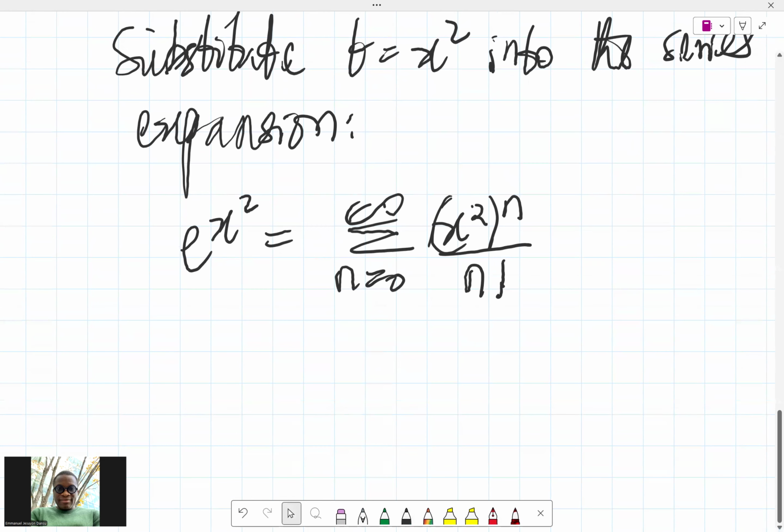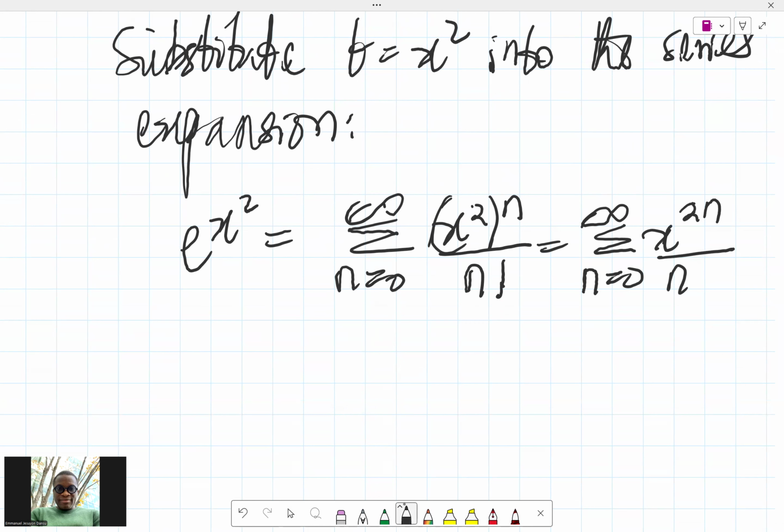So that means we simply have summation from n equals 0 to infinity of x raised to power 2n all over n factorial.